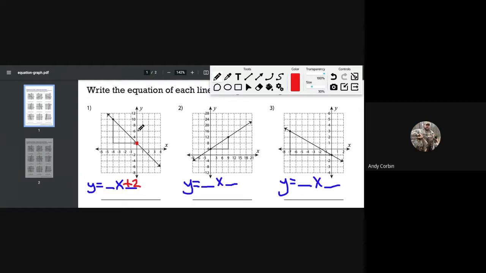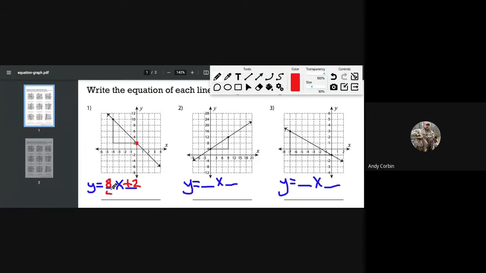You're going to count rise over run from this point up here to this point. So 2, 4, 6, 8 is my rise. And then my run, is it in ones or twos? Ones. Right. So 1, 2, 3, 4.